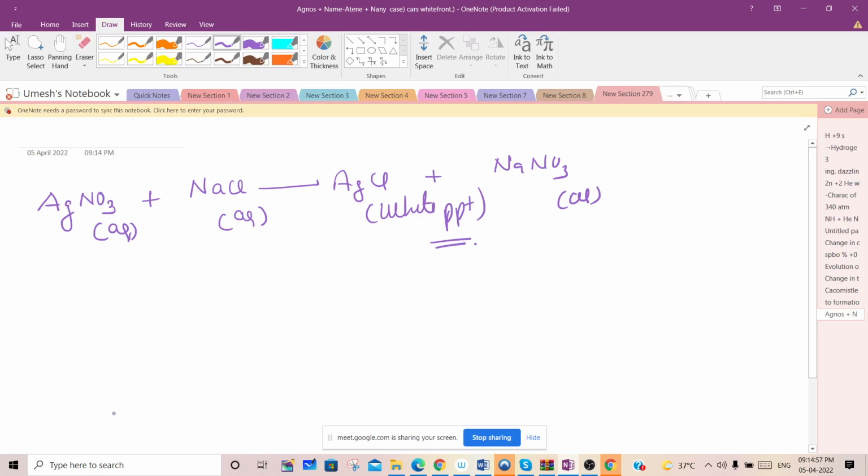This is the precipitated form. Am I clear? Note it down.